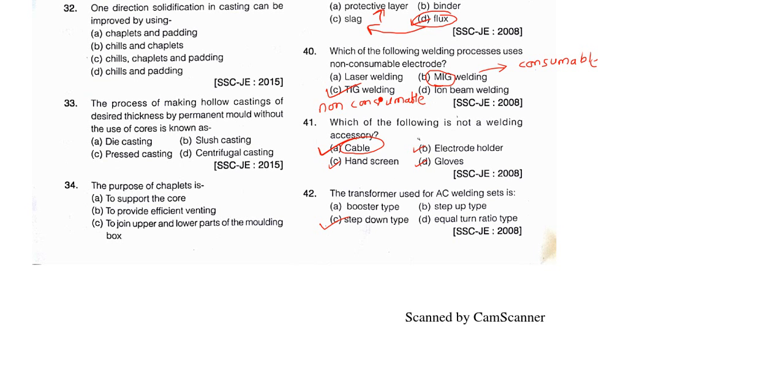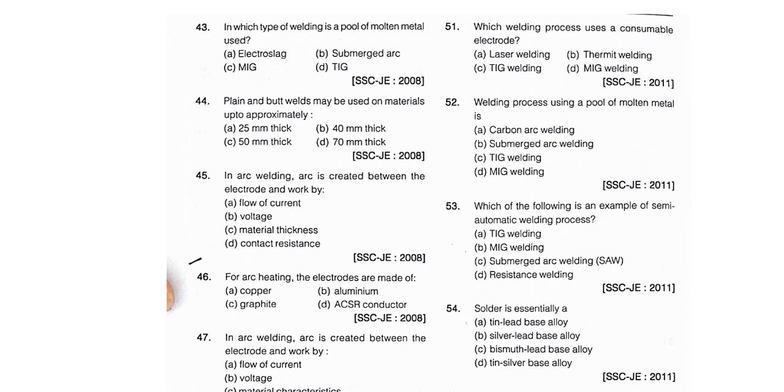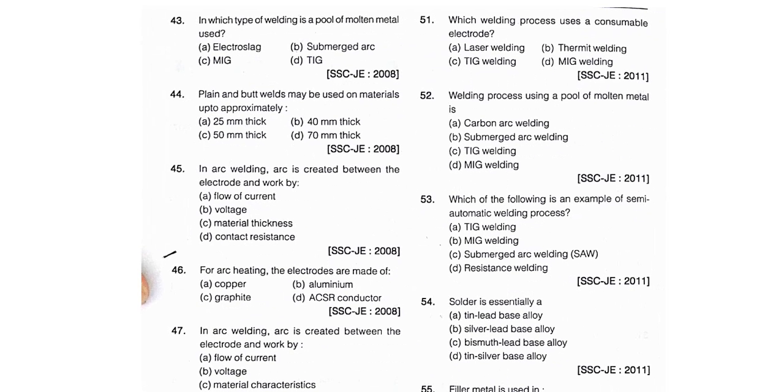Next, let me zoom in a little bit so that the questions will be easier to see. Okay, next question is question number 43. In which type of welding is a pool of molten metal used?